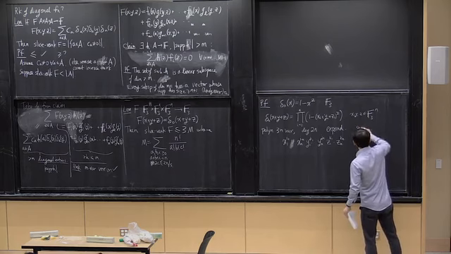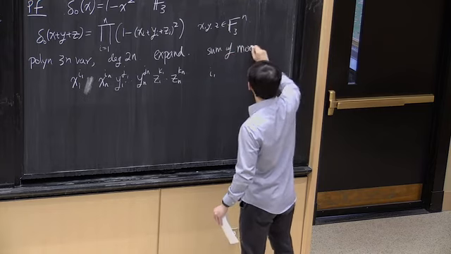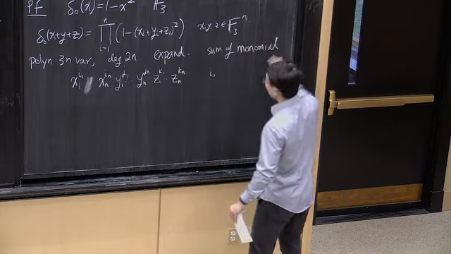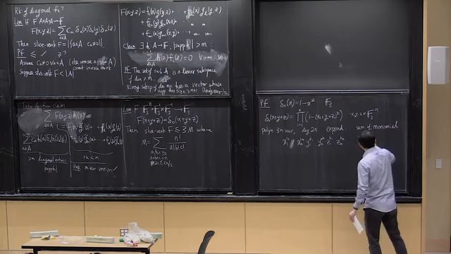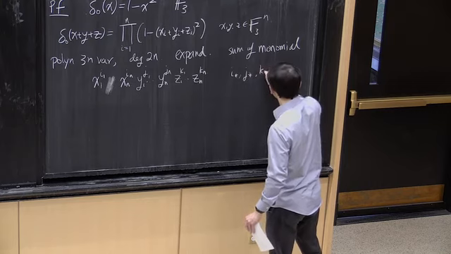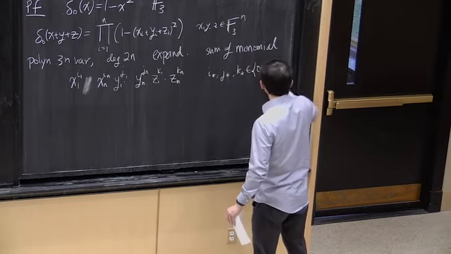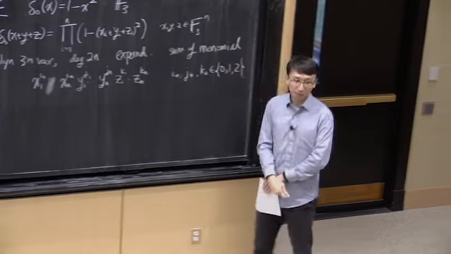So we get a sum of monomials like that, where all of these i's, j's, and k's are either 0, 1, or 2.